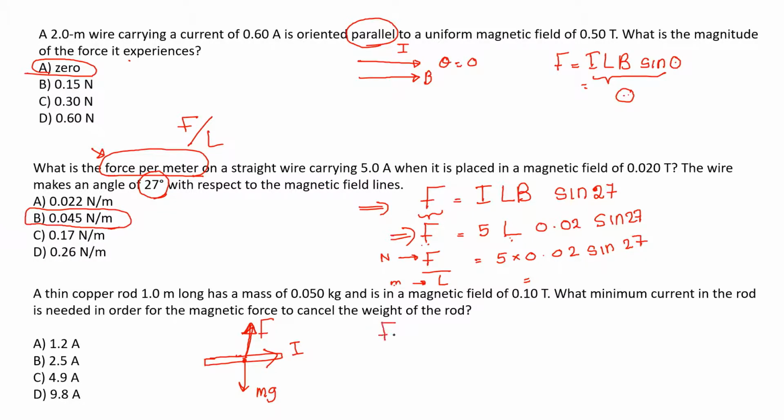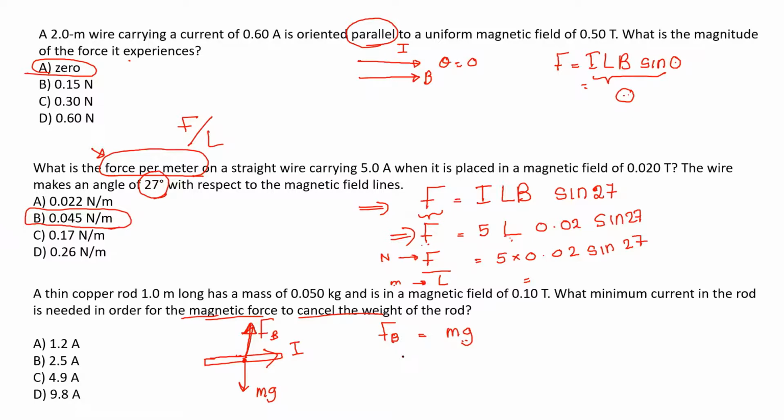So I'm going to equate the magnetic force and mg. Why? Because that is what they're asking in the problem. They're saying the magnetic force cancels the weight. To cancel, they should be equal.